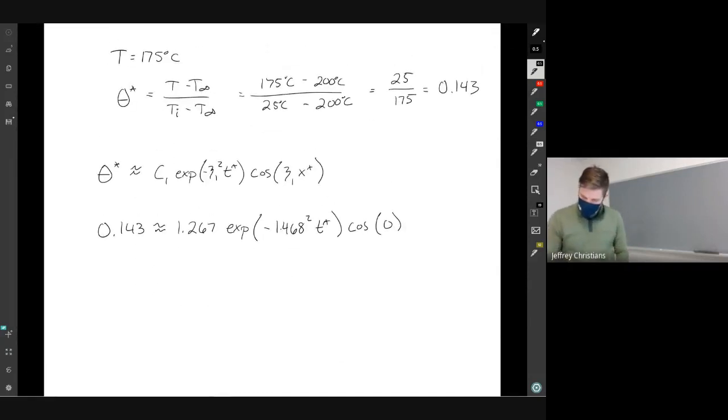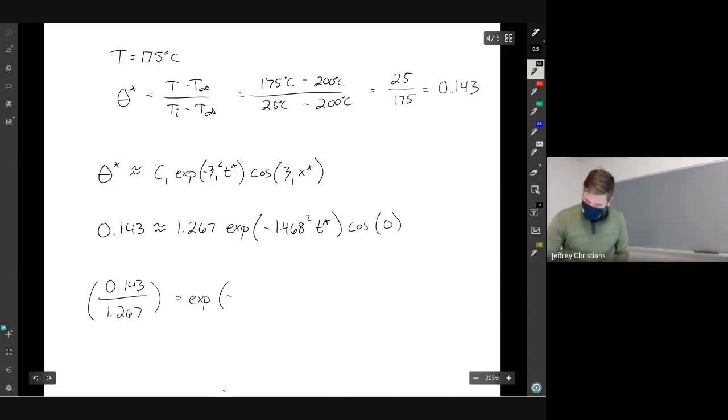And we could pretty easily go through and solve for T star. So this would be 0.143 divided by 1.267 equals the exponential of minus 1.468 squared T star.